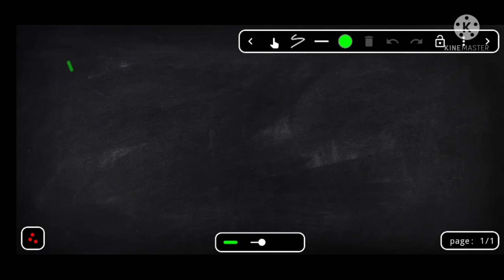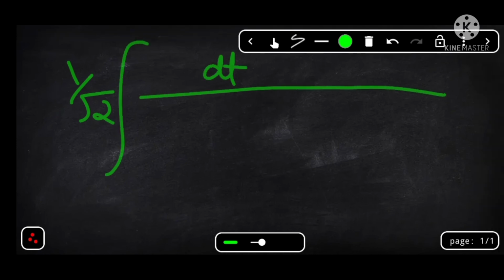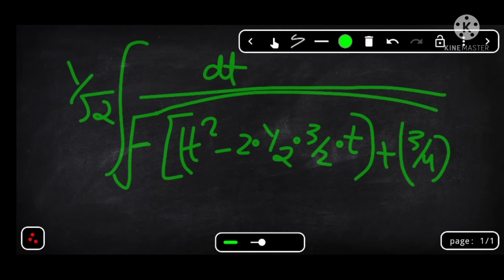So it will be 1 by root 2 integral dt divided by minus, yes, there is a square, minus t square minus 2 into 1 by 2 into 3 by 2t plus 3 by 4 the whole square minus 3 by 4 whole square.